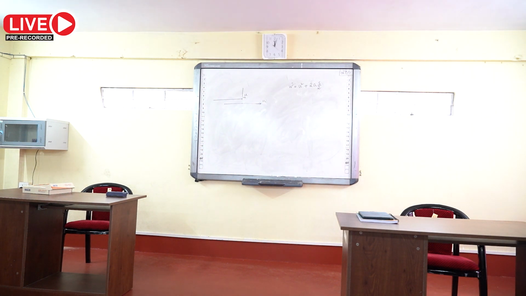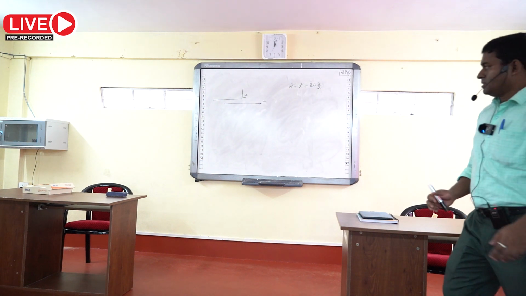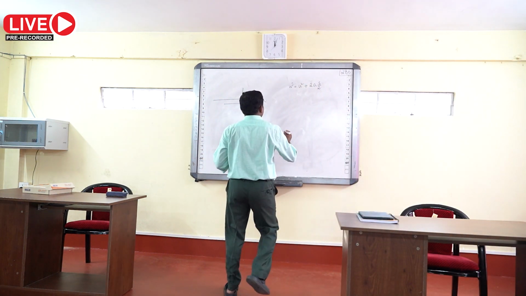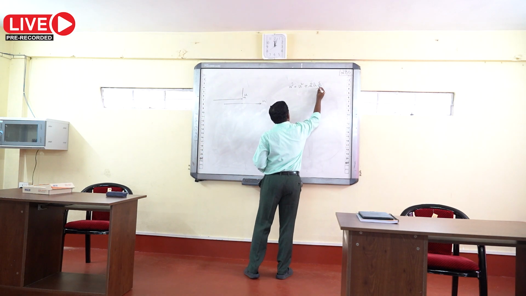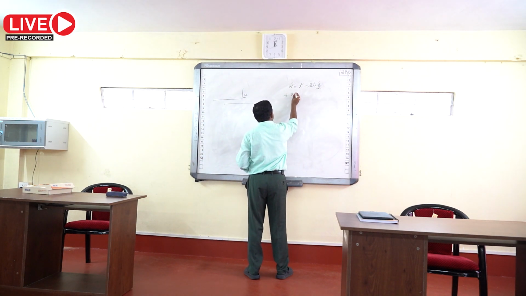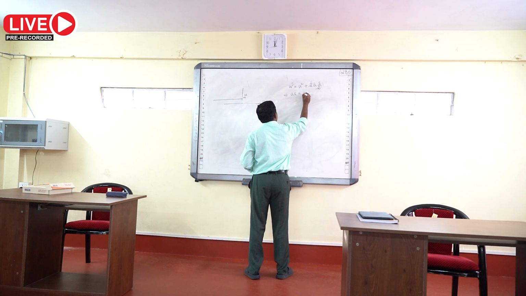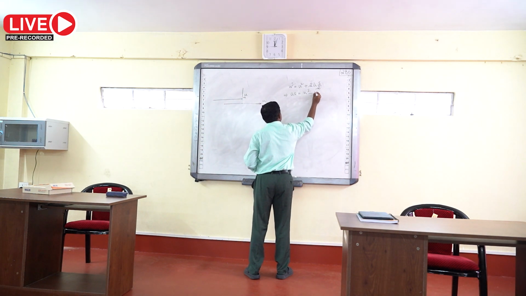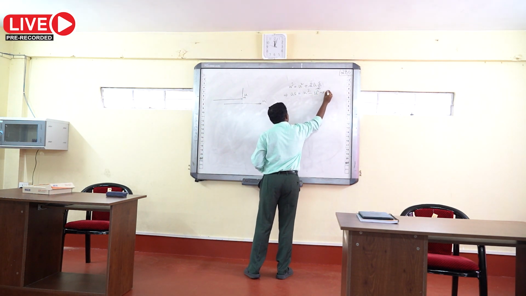Half of the length. So displacement will be S by 2. So we can write this equation: final velocity square equal to initial velocity square plus 2 into a into S by 2. Now from this, I got a relation that aS equal to W square minus U square. Let it be your equation 1.